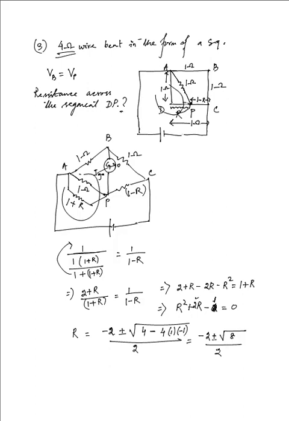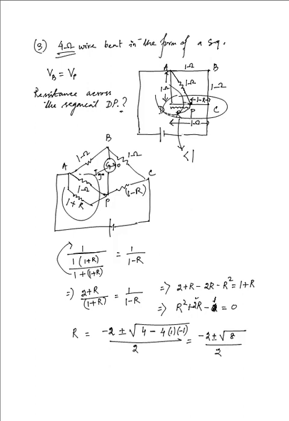And this negative value, if I take the negative of root 8, then that added with minus 2 will be giving me a value greater than 1 as well, and that cannot be the case over here because this resistance R is obviously less than 1, because the total resistance between the points D and C is 1, and a part of it is obviously less than 1.